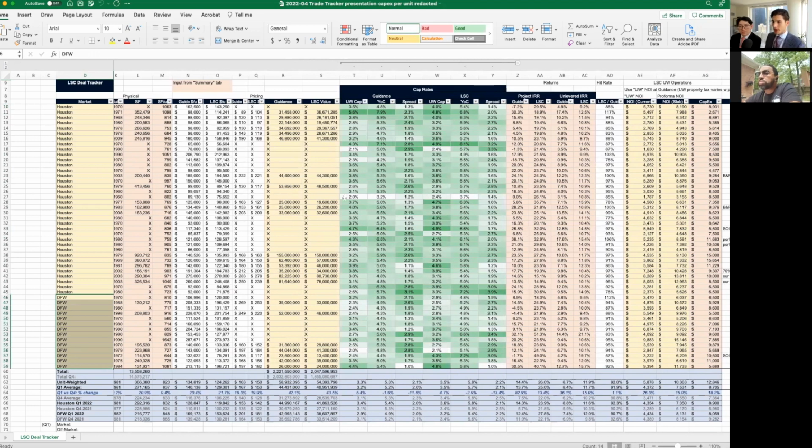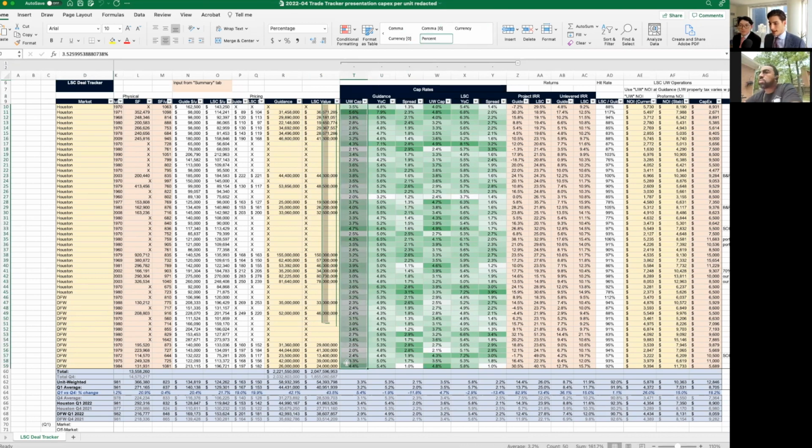But the average cap rate at the pricing guidance, meaning the price that we were guided by the broker, the strike price, the whisper price, right? You can see here are the cap rates that we underwrote for this data set, which has an average cap rate this quarter of 3.2%, which is roughly in line with the previous quarter's 3.1%. So it's a very small difference, 3.1 to 3.2.